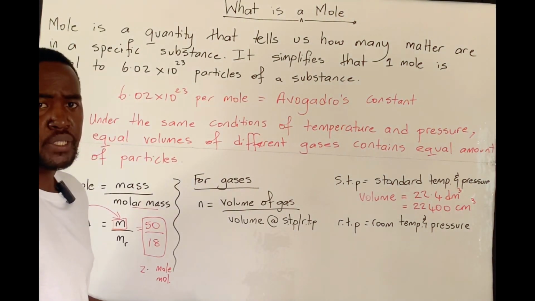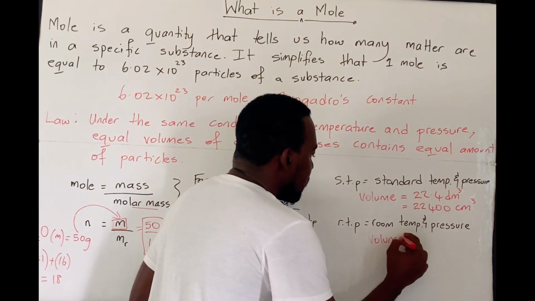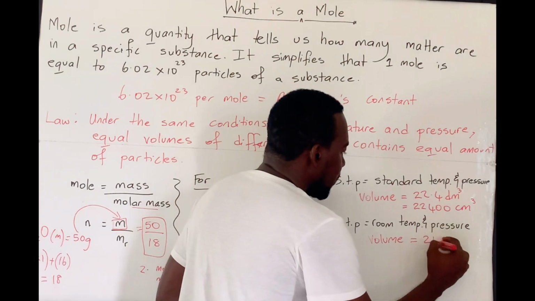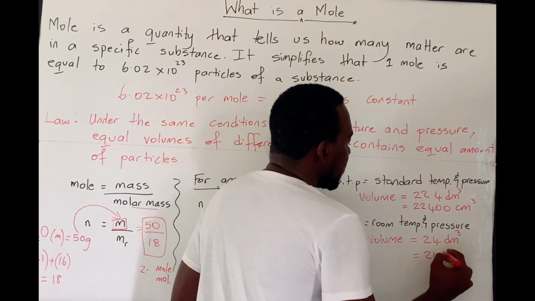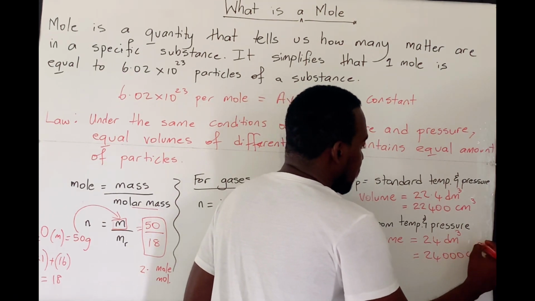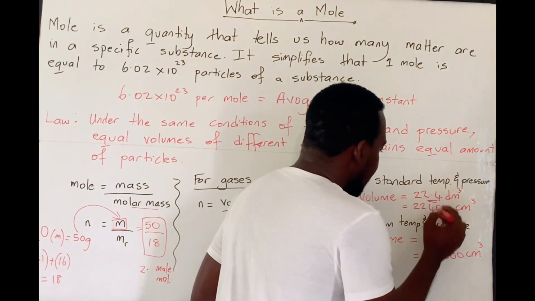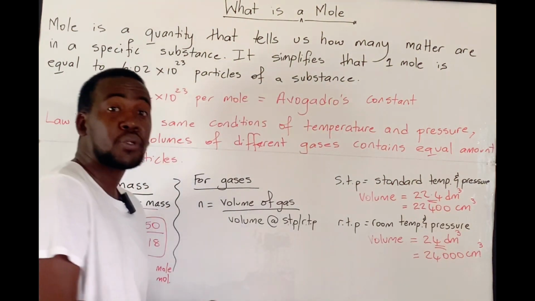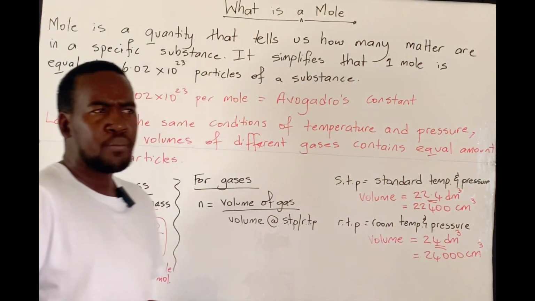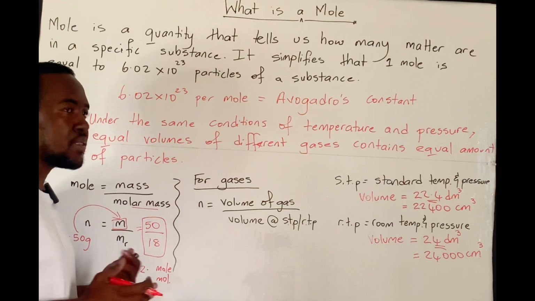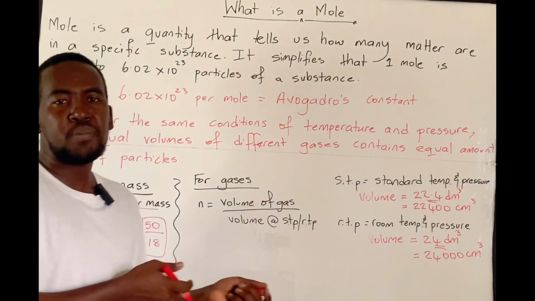And then at room temperature and pressure, RTP, he realized that all gases will occupy a volume of 24 dm cube, which would be 24,000 centimeter cube. Right? So these two numbers are very important because in the future we're going to use them, and it's always good to remember what they are, because in questions they would say this gas was experimented on in an RTP condition or STP condition.